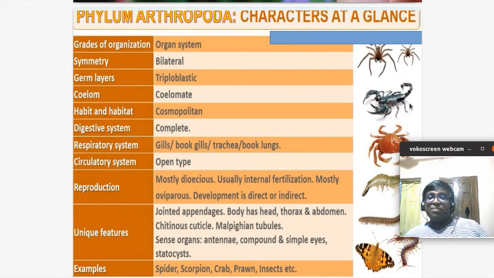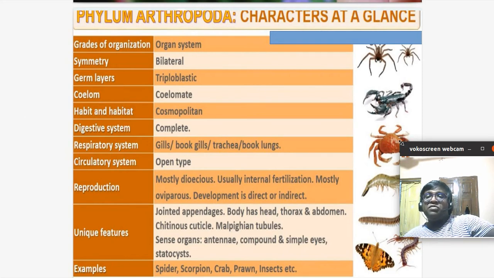So they are neither completely viviparous nor oviparous. So we call this ovoviviparous condition, which you notice in case of scorpion. So remember about that. Most of them are oviparous, they lay eggs, but scorpion is ovoviviparous. Even though they give birth to young ones, within the mother's womb they do not have placental connection. So crab is also an example of this ovoviviparous condition.